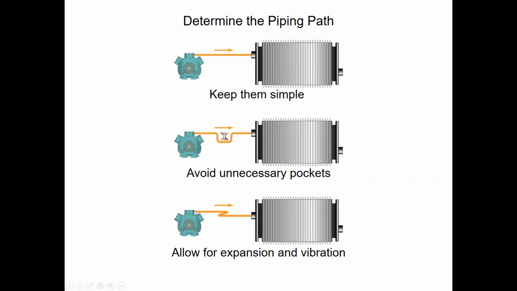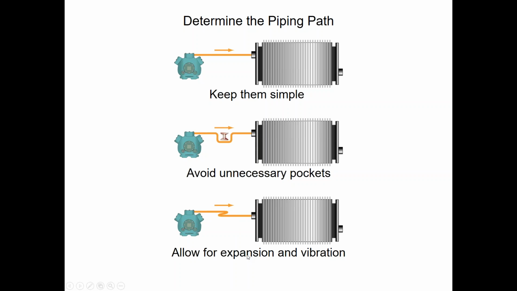If we took this pipe and ran it straight from this point to this point, with the larger copper piping, that pipe moves as it gets hotter or colder. And when it gets hotter, if it's a discharge pipe and it's got no place to go, you end up getting fractures at the connection points, the manifold points, and other points. So always think about expansion when we're doing long pipe runs.